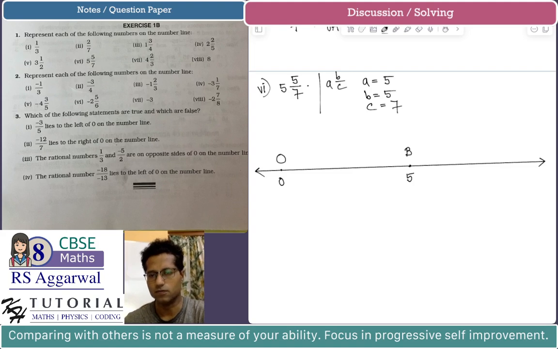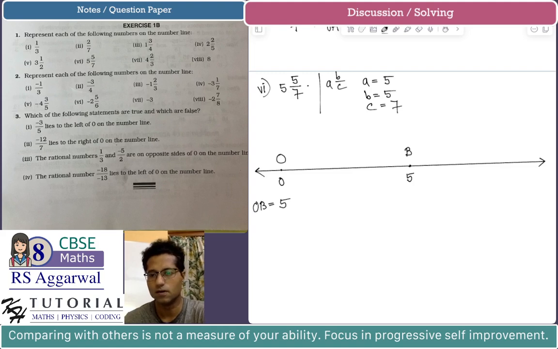So we have to mark the point B at a distance of A units from the origin O, and A in this example is 5. So OB is 5 unit distance. Now we will have to take a point E to the right hand side of B at unit distance from B, and that BE we have to divide into 7 equal parts, because the fraction part is B by C, and the denominator C in this example is 7.